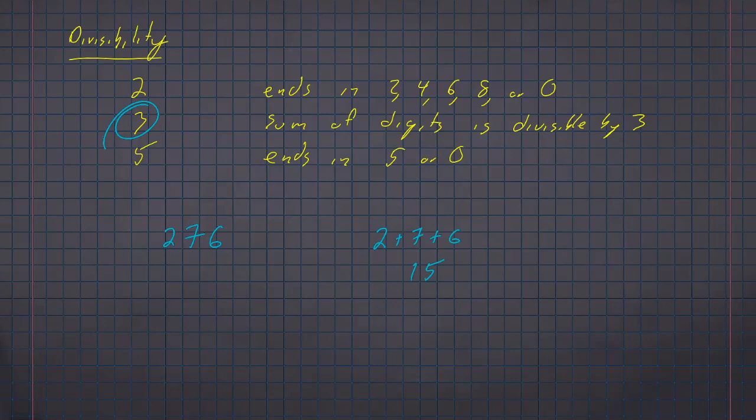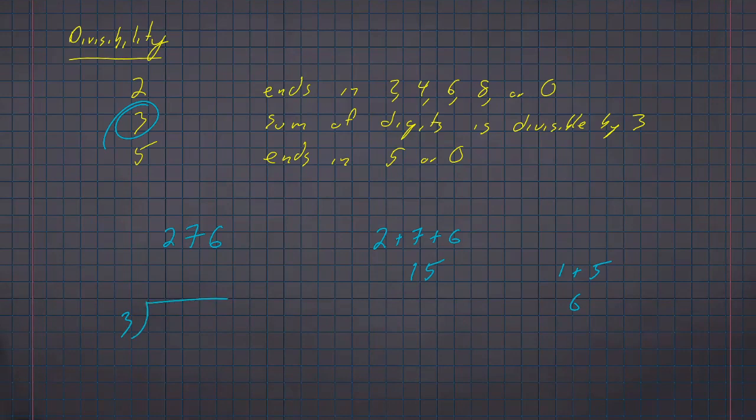You probably know that 15 is 3 times 5, but just in case you don't, we can keep going. Adding the digits there, 1 plus 5 is 6, and you definitely should know that 6 is divisible by 3. Because this sum is divisible by 3, the number we started with is itself divisible by 3.